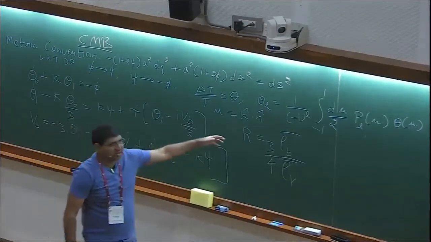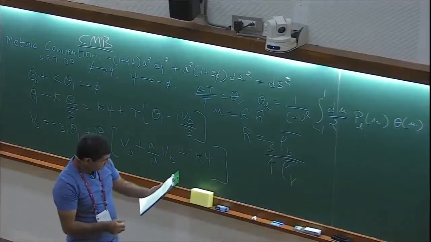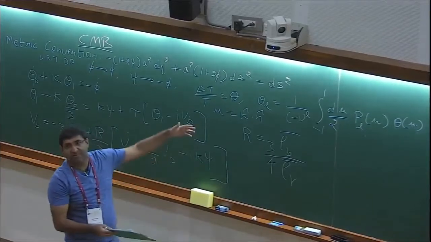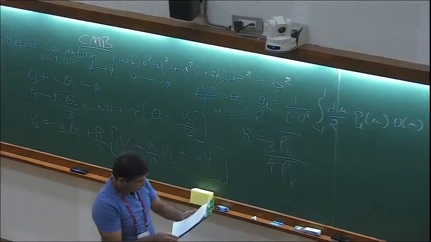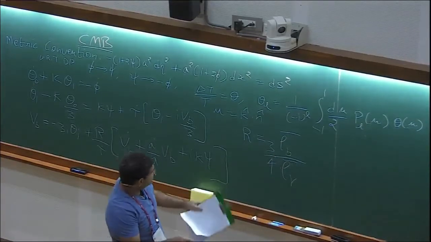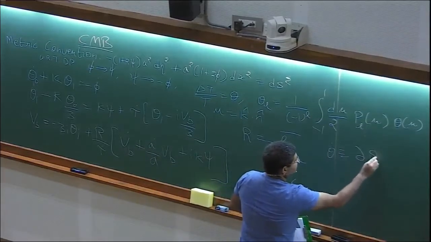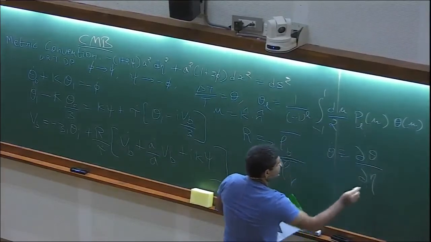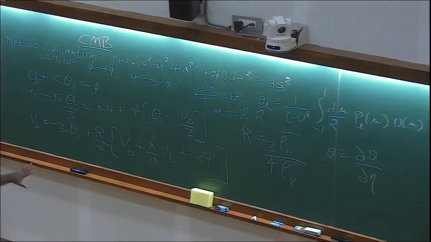R going to 0 means that the baryon density is completely negligible. And a large value of R means that the radiation density is negligible compared to the baryon energy density. And these overdots represent the derivatives with respect to the conformal time. Okay, so this much you should already know if you are paying attention in Professor Pogosyan's class.